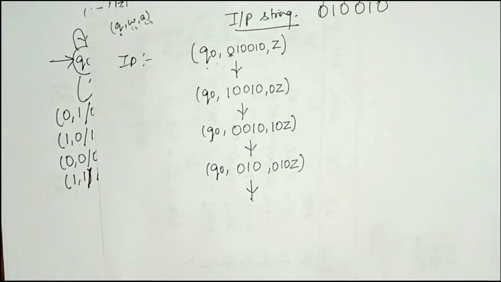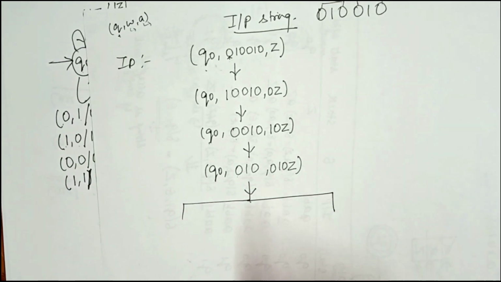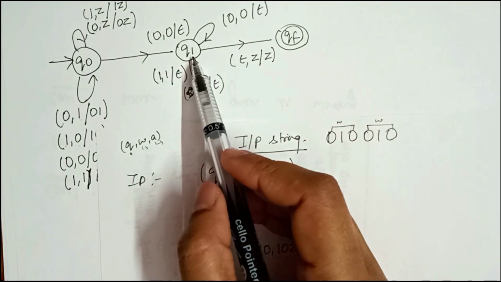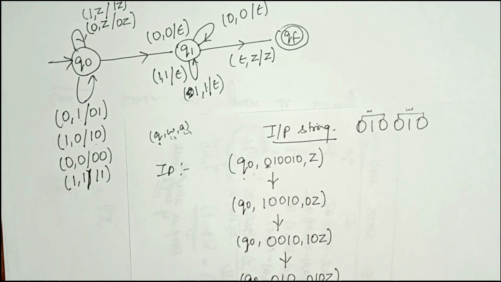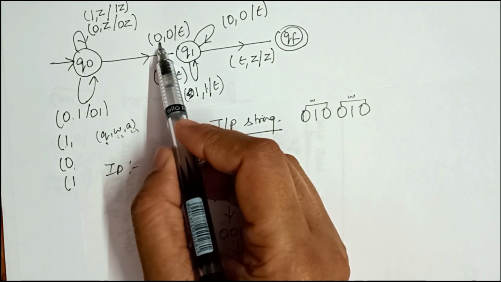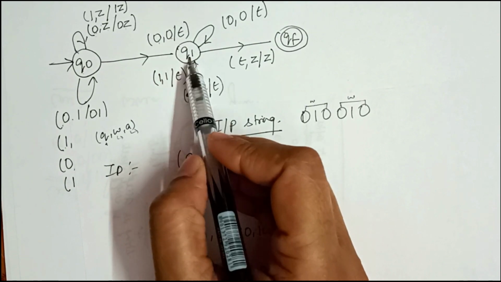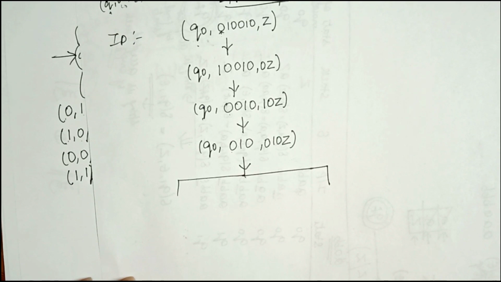So for this example, we have to take two cases: one for when the middle part comes, and one for where we do not have any middle part. First, if the input symbol is 0 and the top of the stack is 0, we reach the Q1 state with the epsilon transition, which means we pop the 0.